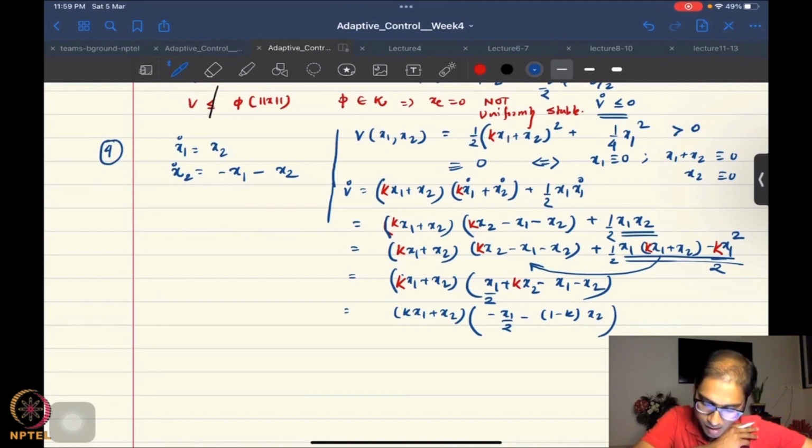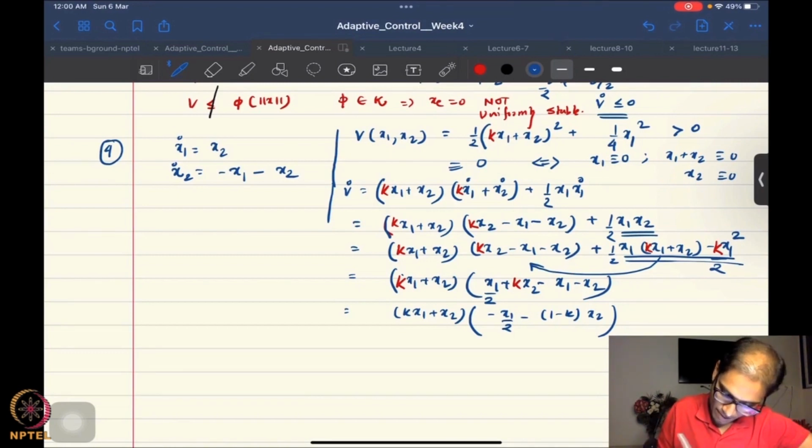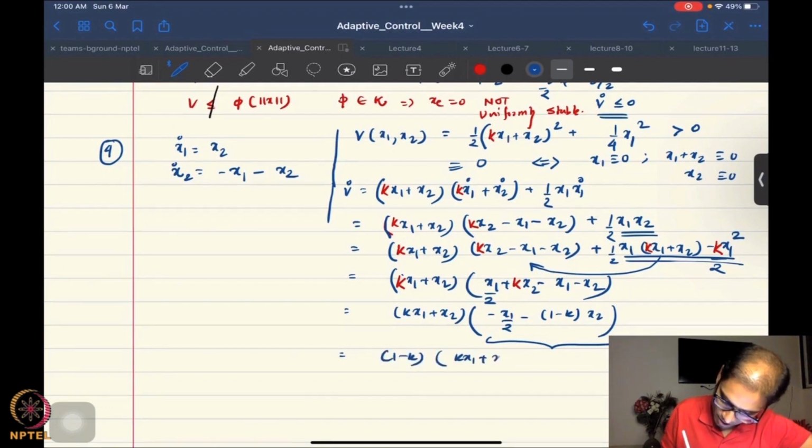Okay, and I want this to be actually equal to kx1 plus x2. So let me write this as 1 minus k times x1 plus x2 minus x1 over twice 1 minus k, plus x2.